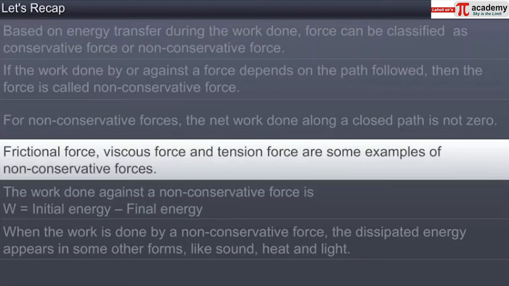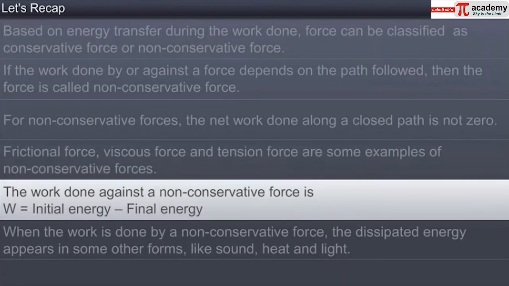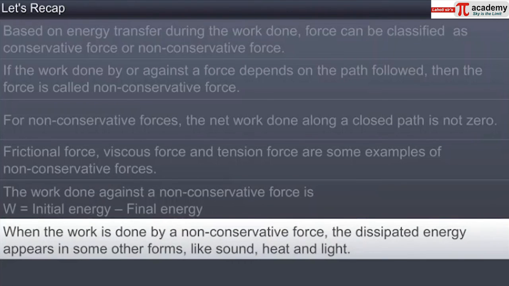Frictional force, viscous force, and tension force are some examples of non-conservative forces. The work done against a non-conservative force W is equal to initial energy minus final energy of the body. When work is done by a non-conservative force, the dissipated energy appears in some other forms like sound, heat, and light.